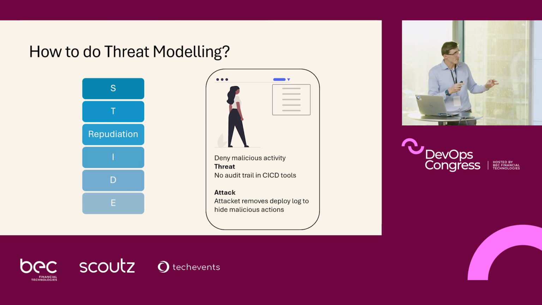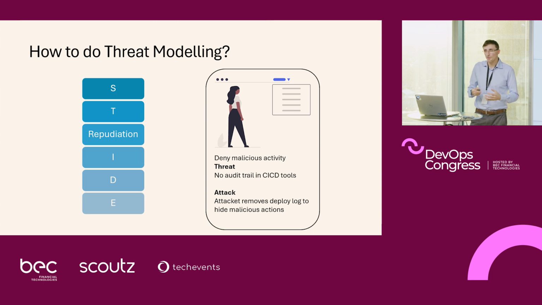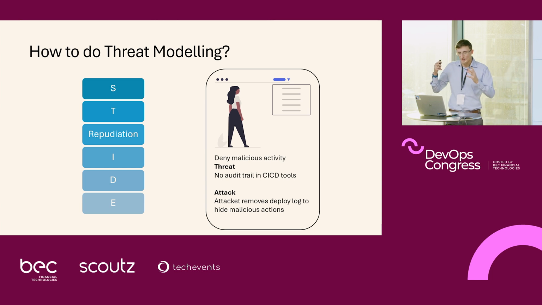An attacker makes some malicious change, for example, changes the URL of some production service to which we usually send a lot of data, such as payment requests.